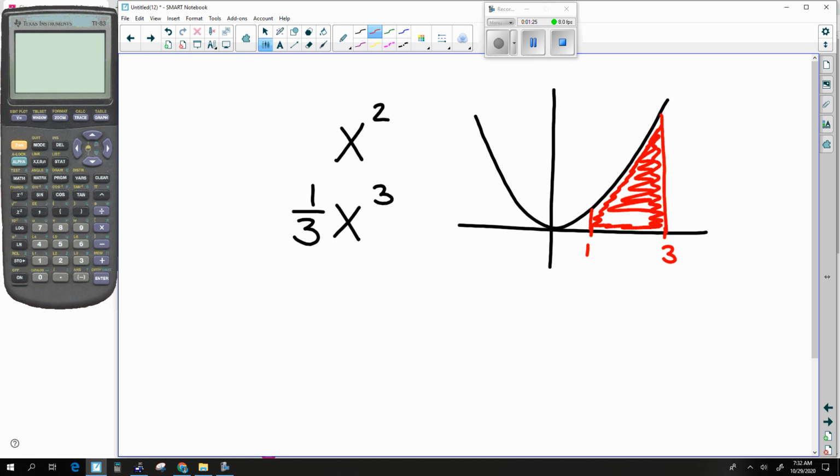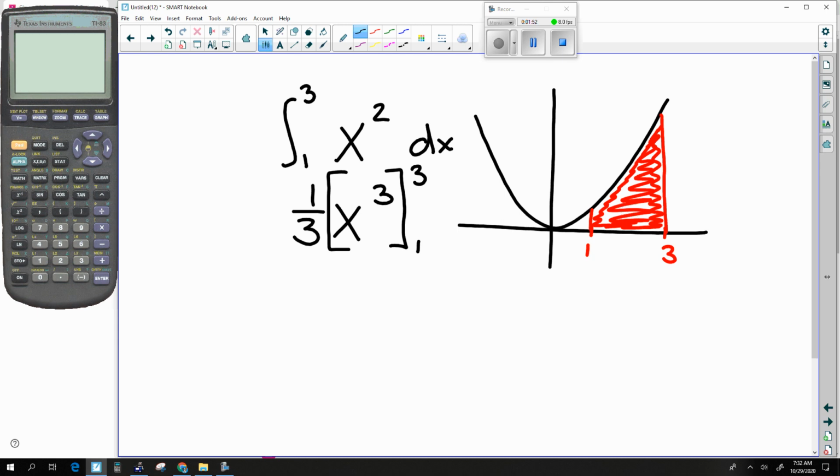Ultimately, we are going to evaluate this using an integral, and that will tell us the area that we want. So we'll learn this in some upcoming lessons.